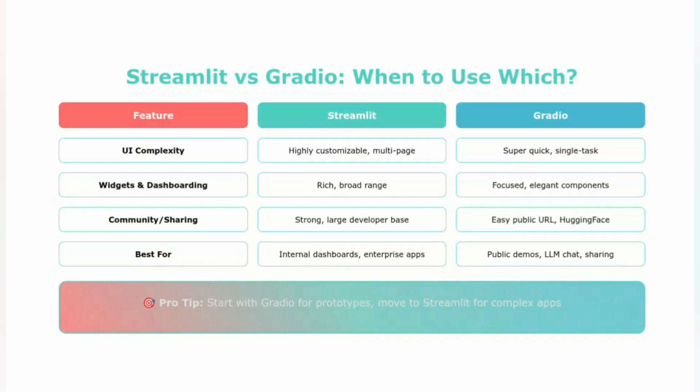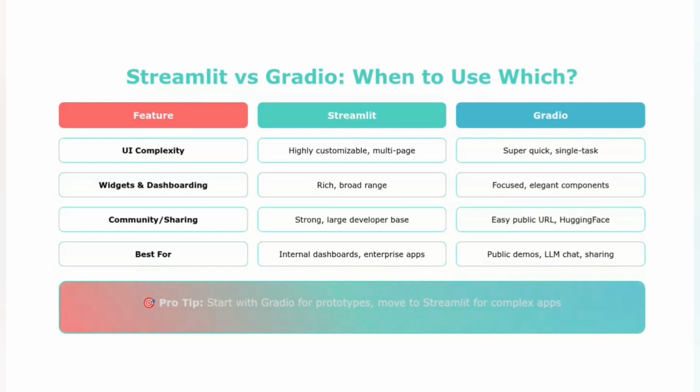So when should you choose Streamlit over Gradio, or vice versa? Let me break this down for you. Choose Streamlit when you need highly customizable, multi-page applications. It's perfect for internal dashboards, enterprise apps, and when you want fine control over the layout. Streamlit has a rich ecosystem of widgets and a large developer community.